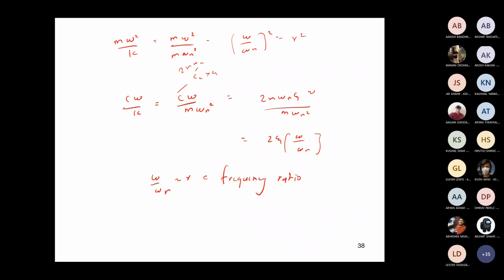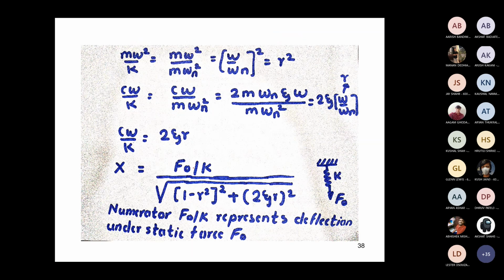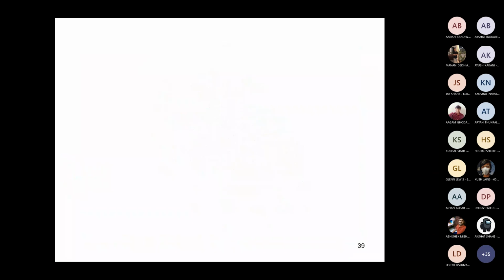So our equation for the steady state amplitude is x is equal to f0 by k divided by square root of 1 minus r square whole square plus 2 zeta r whole square. The numerator f0 by k represents the deflection under static force f0.